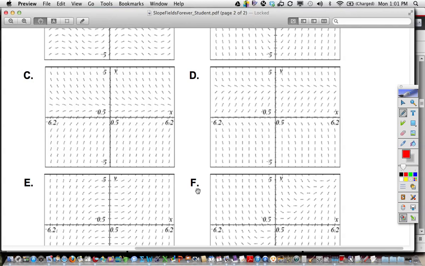So how in the world are you going to do that? Well, plugging in points into what? Plug them into all those different differential equations, and then those just give you slopes, right? You're right. You can just start plugging in some points and see how many give you that slope.